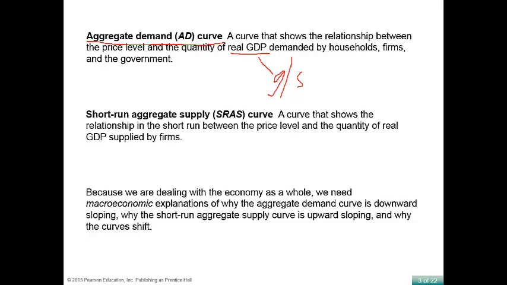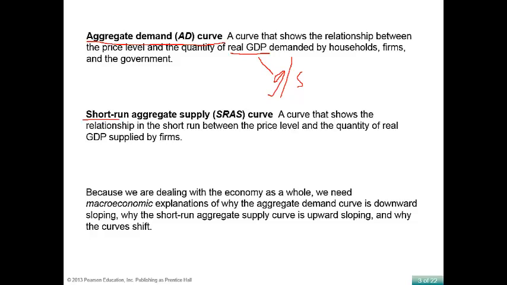Excuse my writing. Goods and services were. But when we talk about aggregate demand, we're going to talk about real GDP, which we'll see in a moment includes not only consumer demand, but demand by the government and by industries as well.